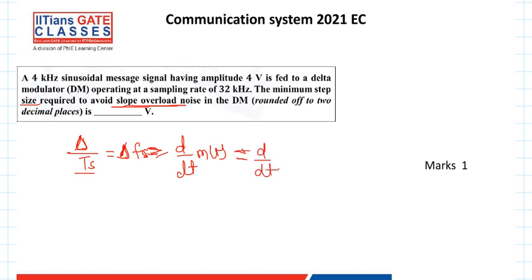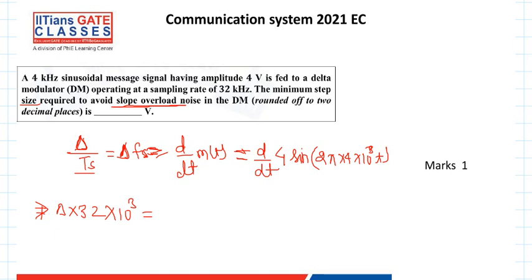Now m(t) is a sinusoidal signal with 4 volt amplitude, and this is the frequency, so you can write it as 4 sine 2 pi into 4 into 10 to the power 3 t. Okay, so fs is given as 32 kilohertz, 32 into 10 to the power 3.